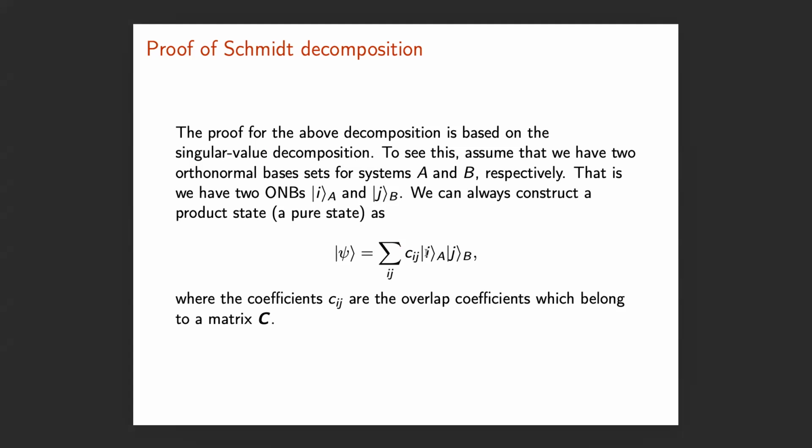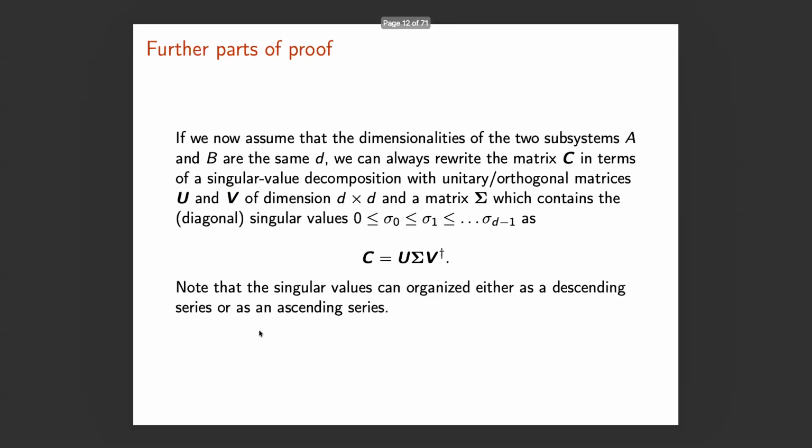Please keep in mind that when you read this state, I, A, J, B, it's actually a tensor product, but I am leaving out the tensor product symbol here. This is just a set of product states, and the coefficients are just the overlap coefficients. This is pretty basic. And then they belong to a matrix C, which we normally assume to be a unitary matrix.